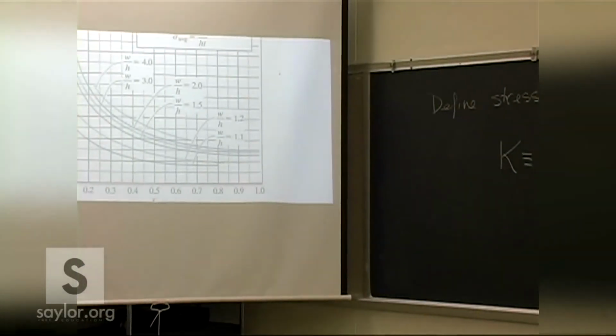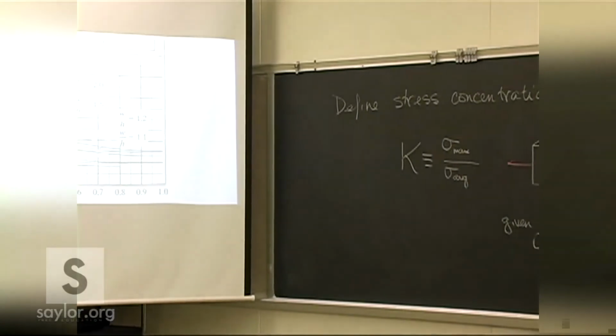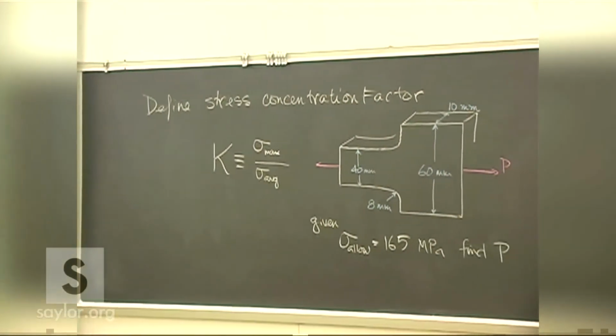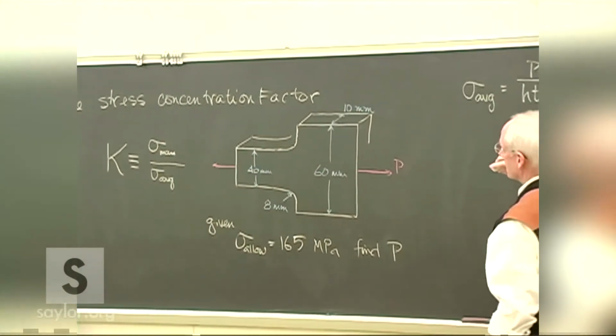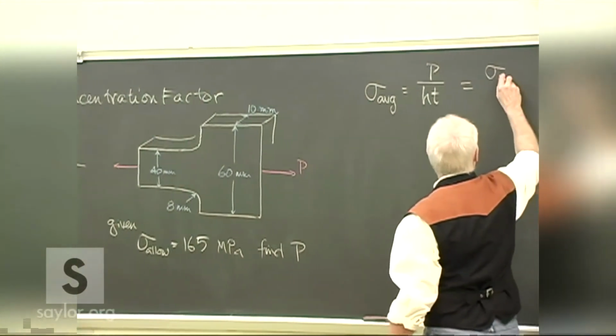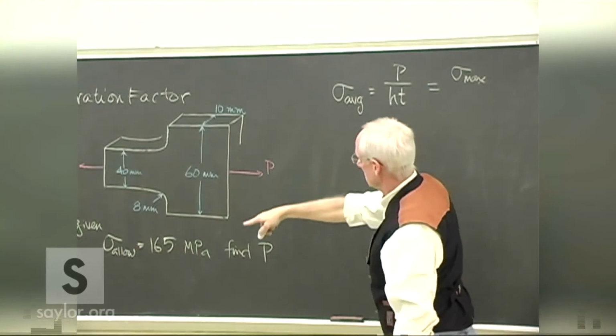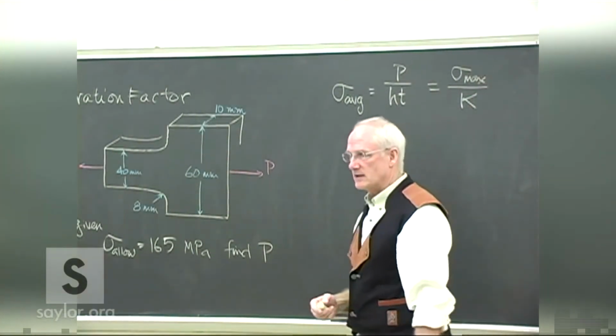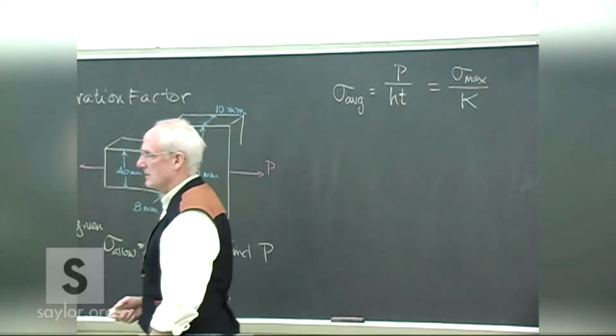We figure out the average as we would have before, using the minimum area. But we know that that is also going to be the maximum stress, and that's the allowable you were given, over the stress concentration factor K from the table.